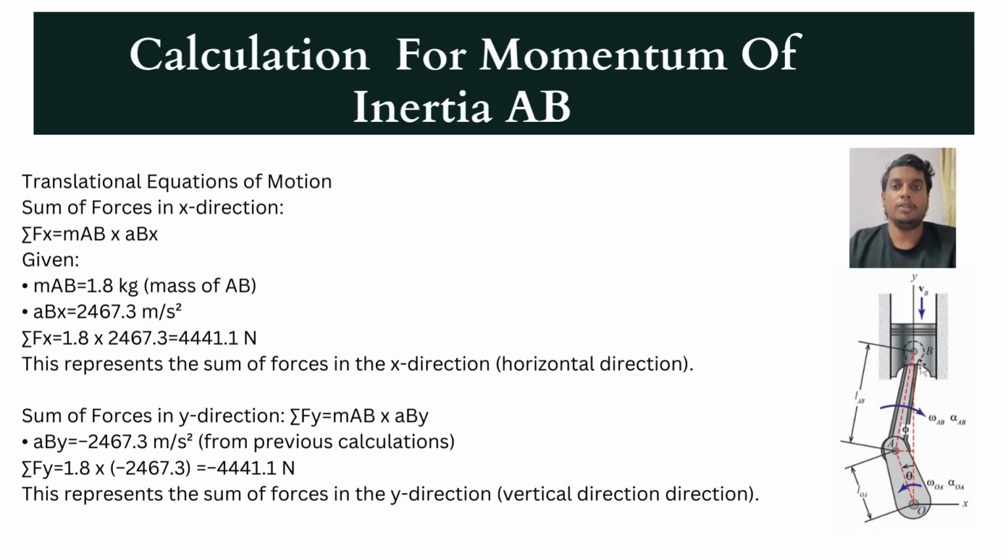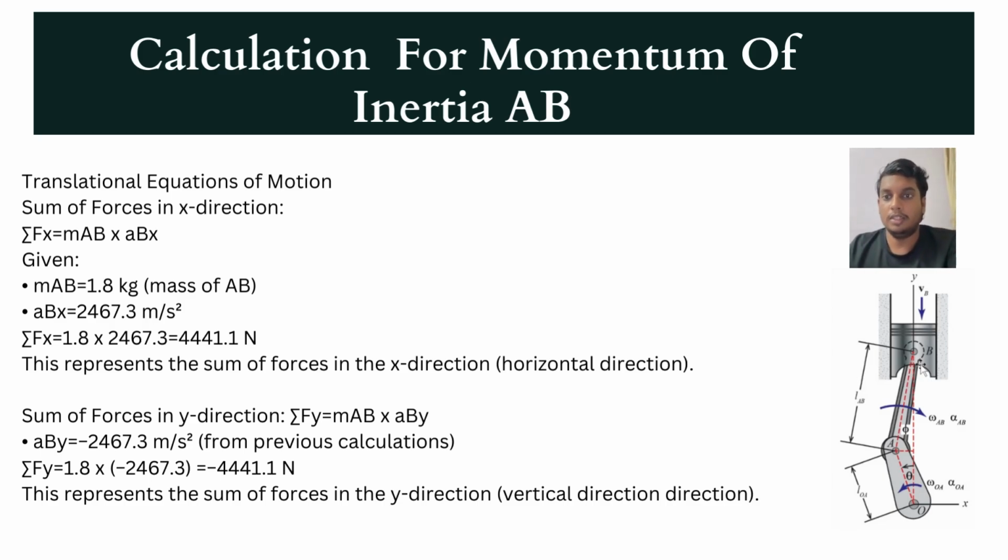Okay, now we're talking about the calculation for the moment of inertia, IAB. There are two, translational and also rotational. The sum of forces in the x-axis we talk about first. Fx equals MAB times ABx. Both values are given. The mass of AB is 1.8, whereas acceleration Bx is 2467.3.